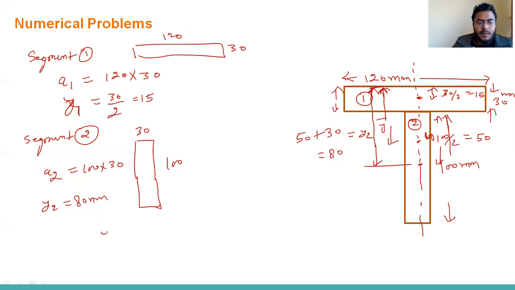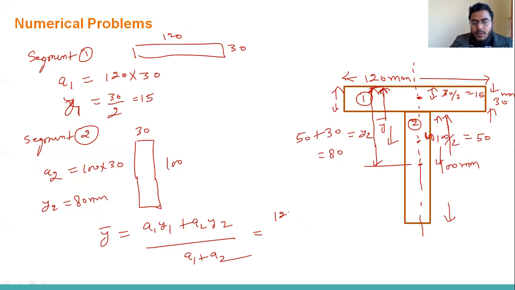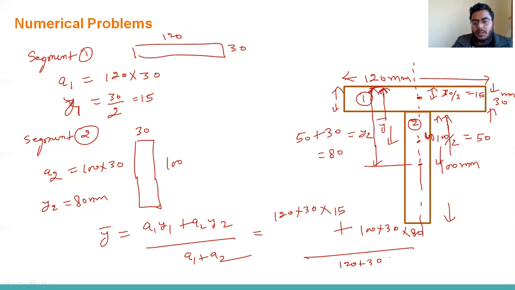Now we have the formula. We can apply y bar equals A1 y1 plus A2 y2 divided by A1 plus A2. So we write 120 into 30 into y1, that is 15, plus A2, 100 into 30 into 80, divided by 120 into 30 plus 100 into 30.